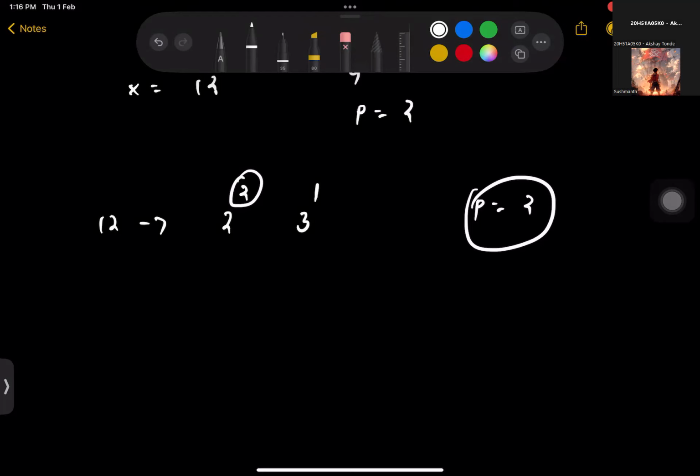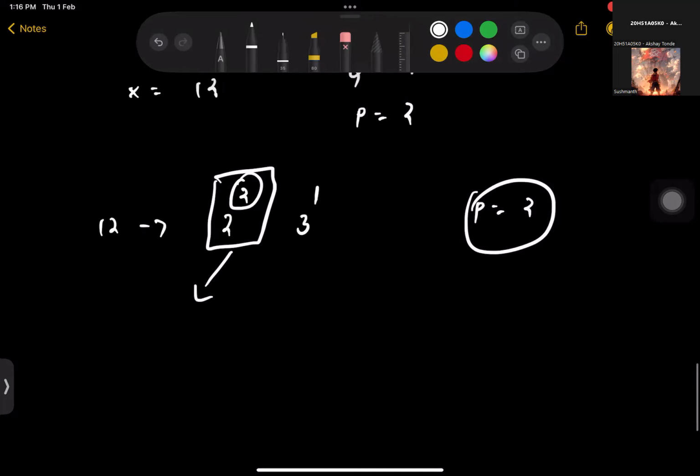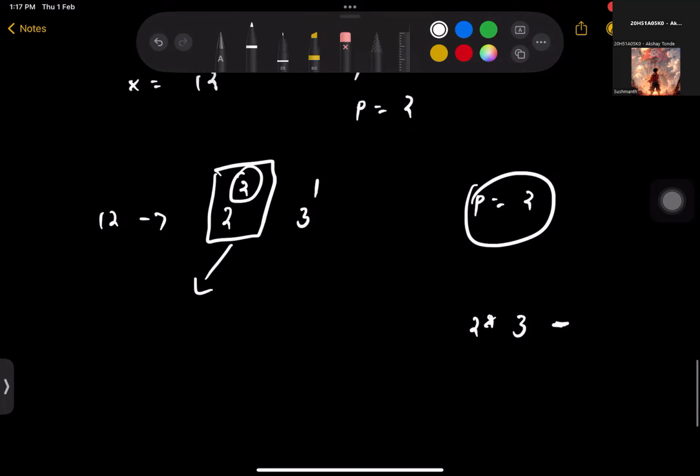That means in y, if we want the exact prime contribution, then we can either put 2 power 2 into 2, which is 4.